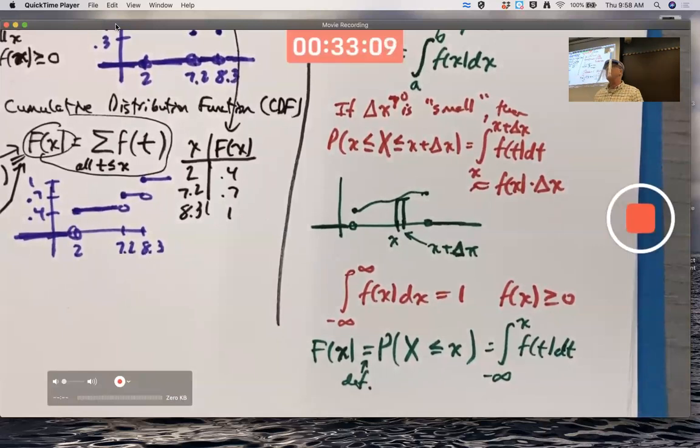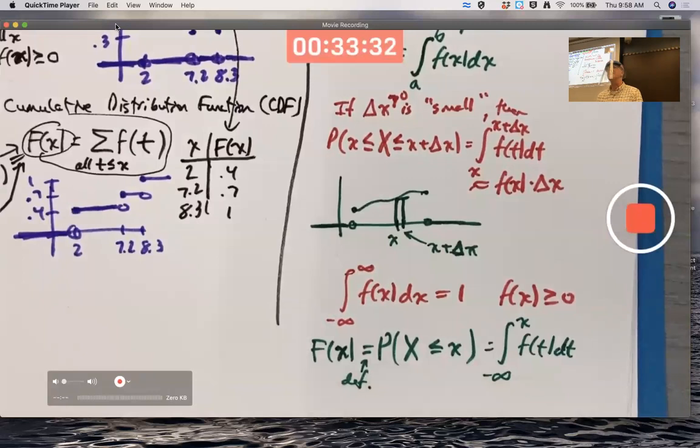In the continuous case, what's the relationship between capital F and little f? Capital F is an integral of little f.